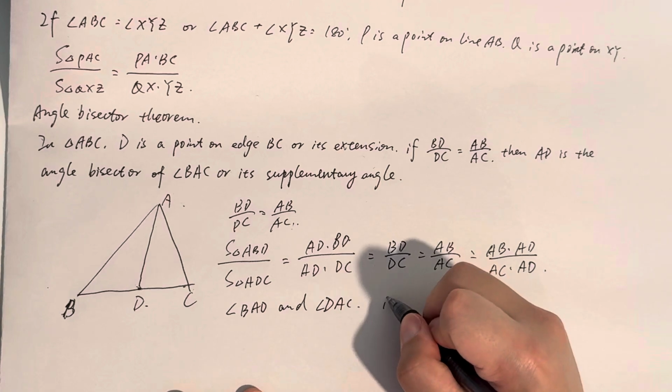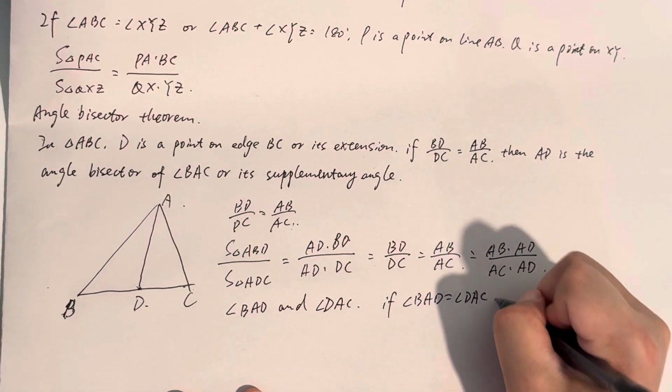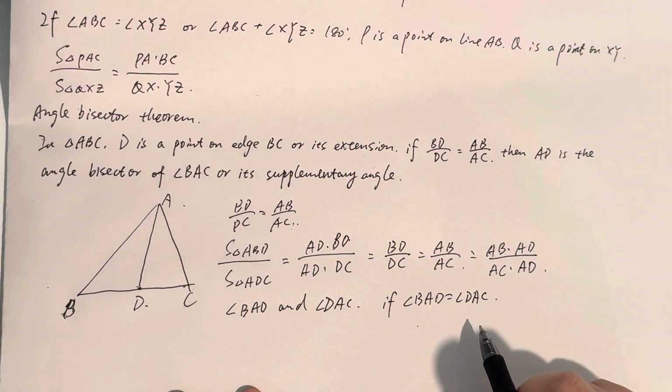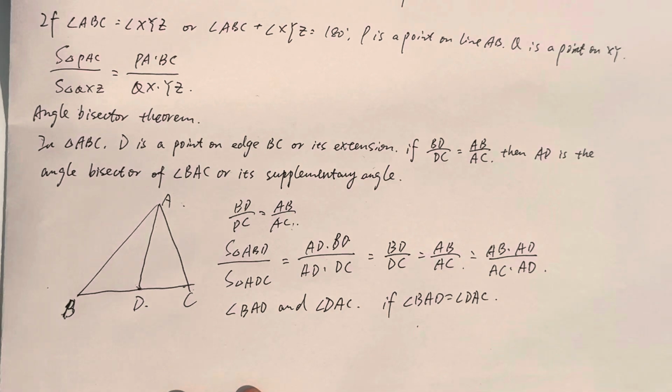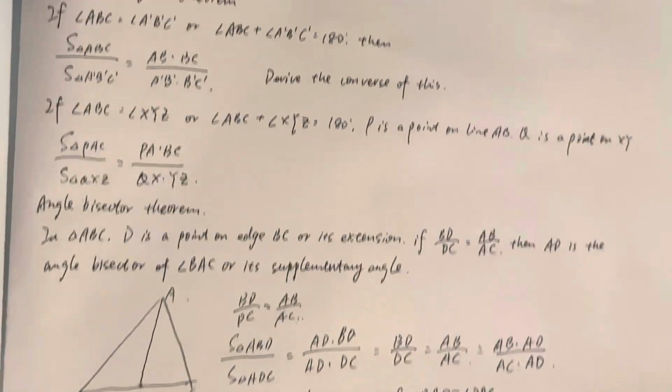If angle BAD equals angle DAC, then AD is the angle bisector of angle BAC. If angle BAD plus angle DAC is 180 degrees, that means AD is the angle bisector of the supplementary angle of angle BAC. Right.